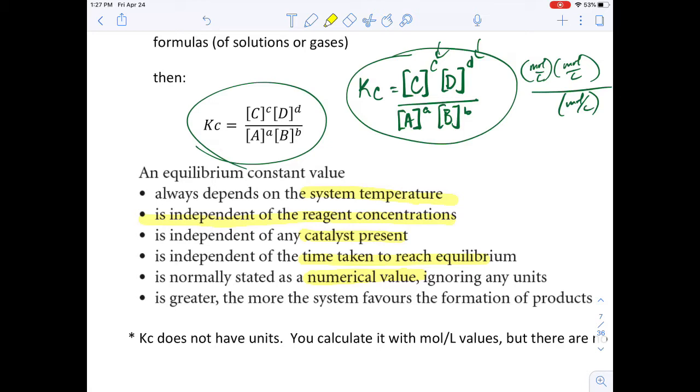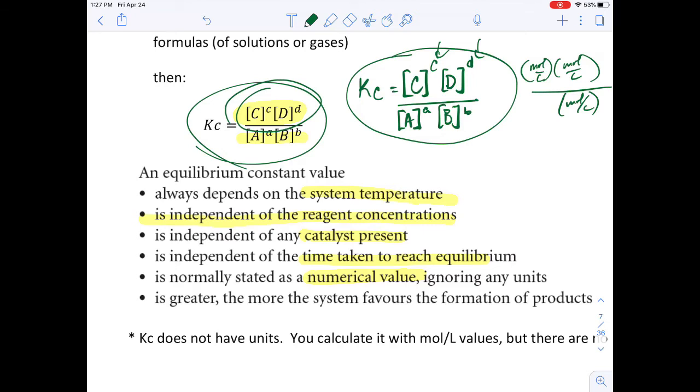Also, the equilibrium constant value. The bigger the number, the more positive the exponent, the more it favors the products. Because it's essentially saying that we've got a bigger amount of products than we have of the reactants. So as the Kc increases, I know that I am getting more product than reactant.